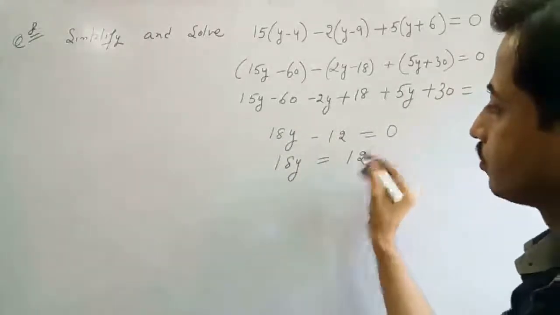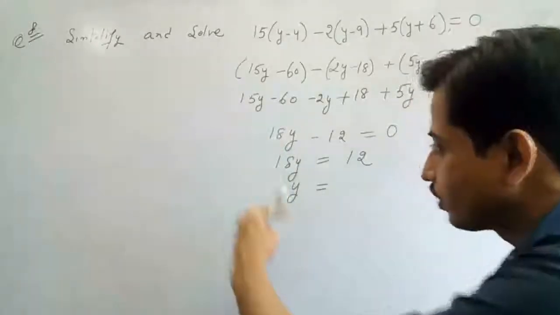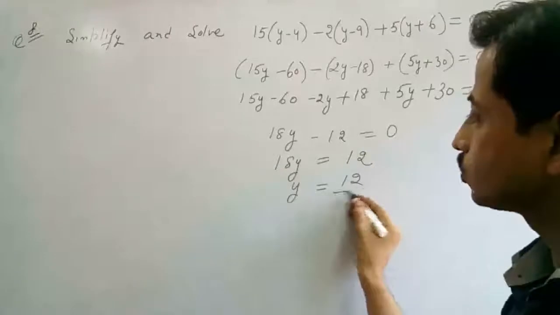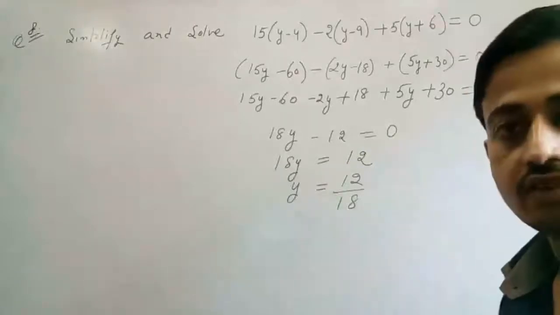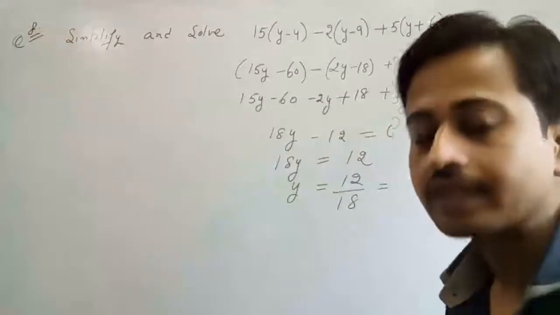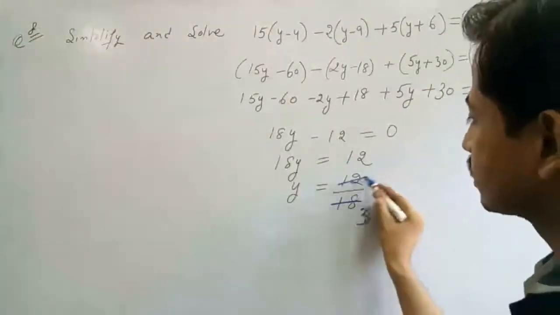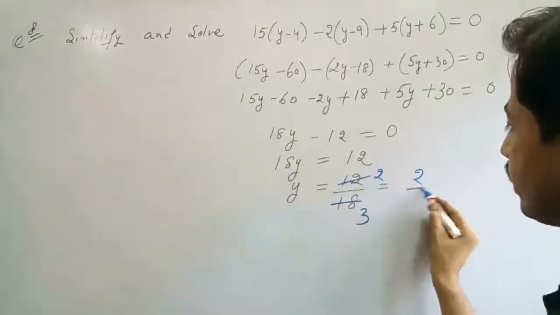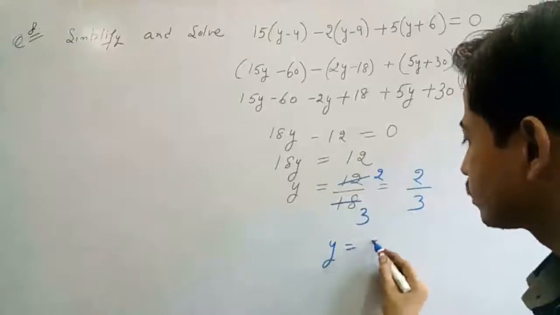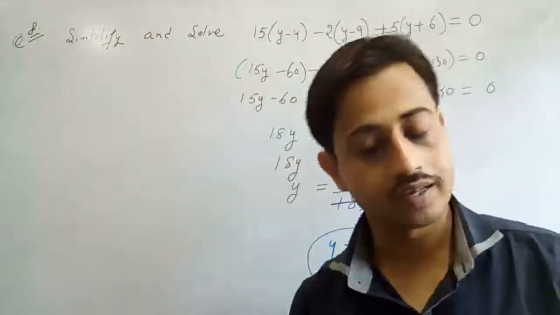It becomes positive. We have to find out the value of y. That's why we have to take this 18 on the right hand side. It goes to the denominator part. 12 divided by 18. How will we cut? 6 table. 6 3s are 18 and 6 2s are 12. So we got 2 by 3. And what's the value of y? 2 by 3. This is the value of y.